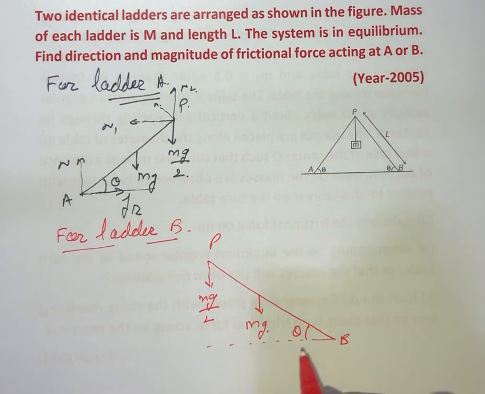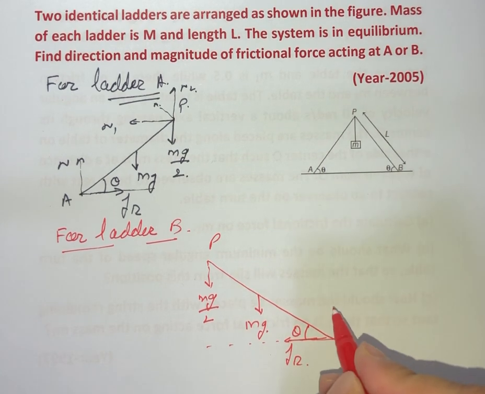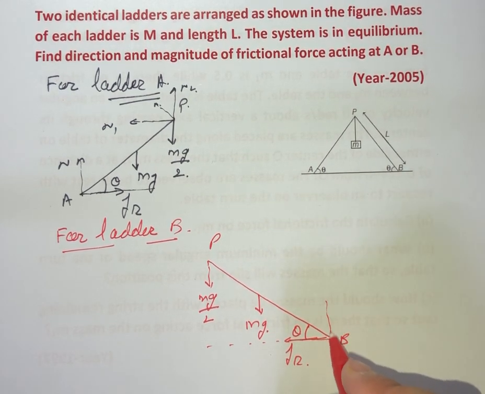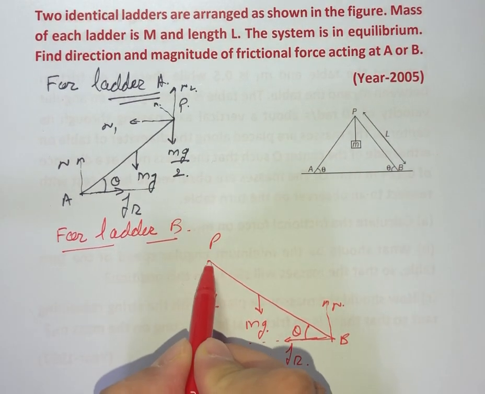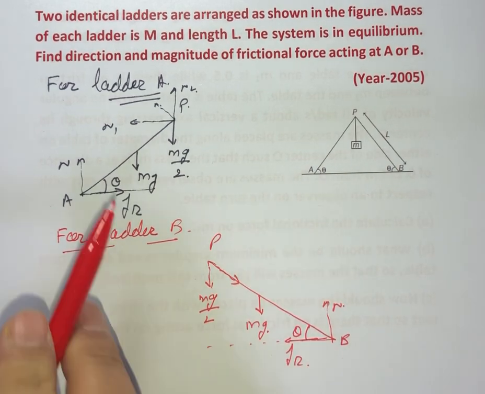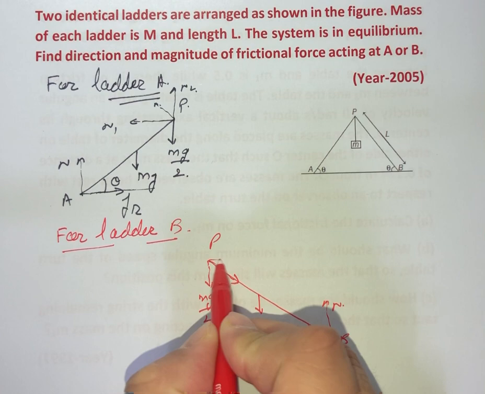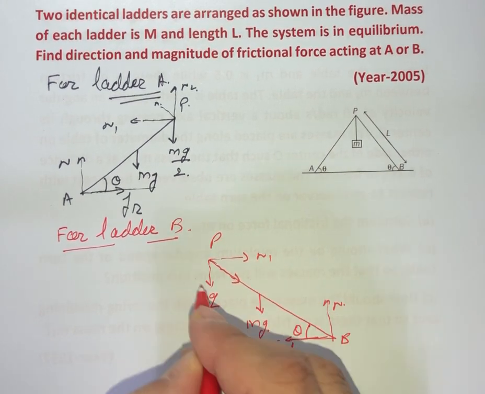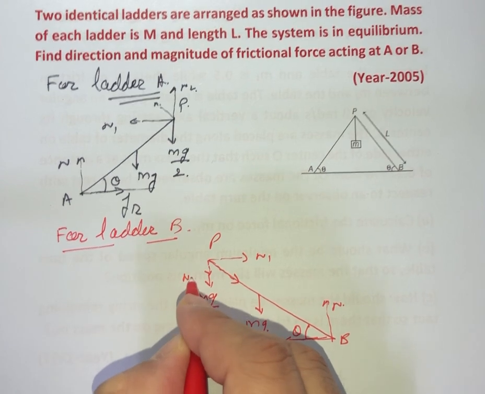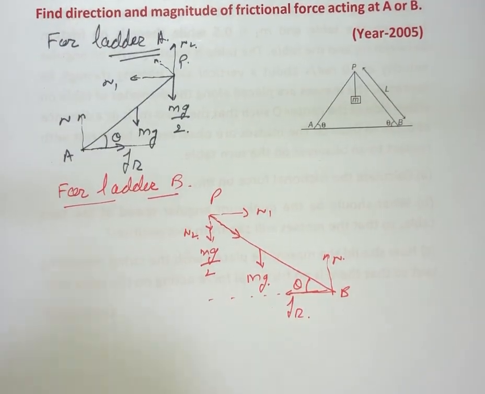A frictional force Fr, there will be a normal N, and there will be a normal because of rod A acting in this direction, so it can be divided into two components. So this will be our N1, and here in the downward direction there will be N2. So these are the forces.